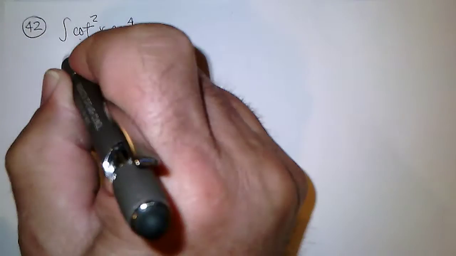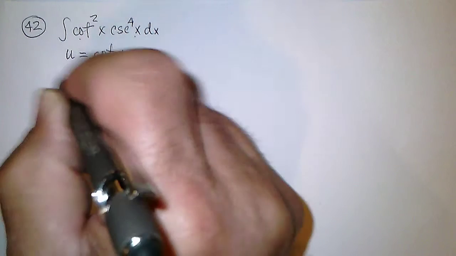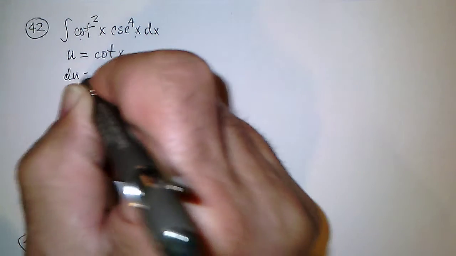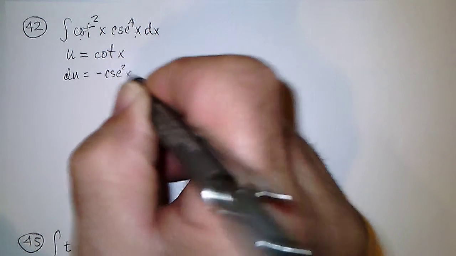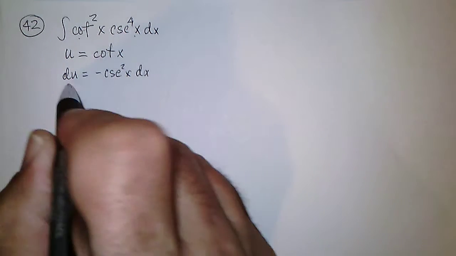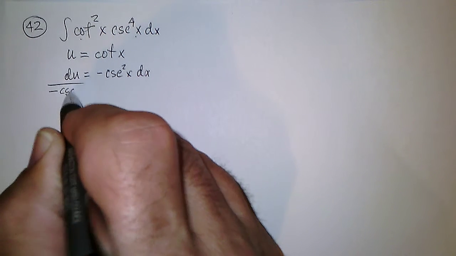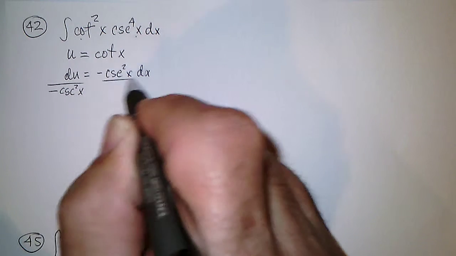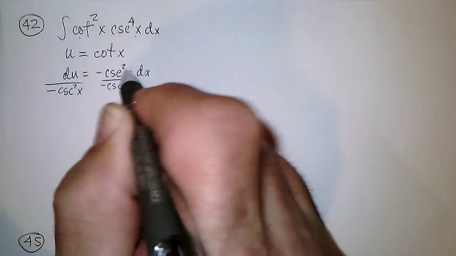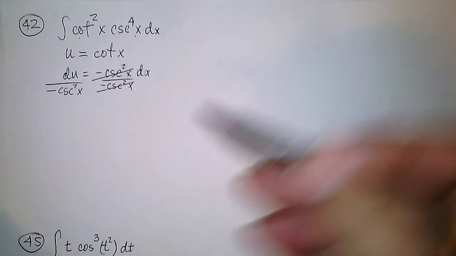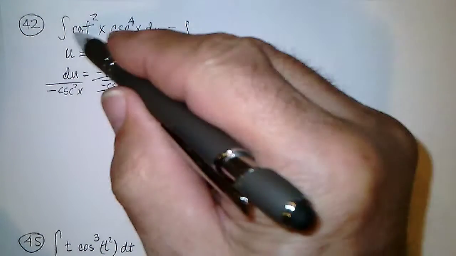So I'm going to let u equal cotangent x. du is negative cosecant squared x dx. If I divide both sides by negative cosecant squared x, these cancel, and so this would become the integral cotangent.